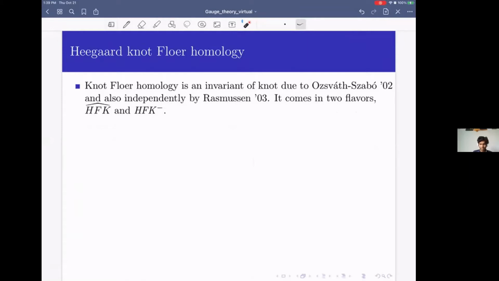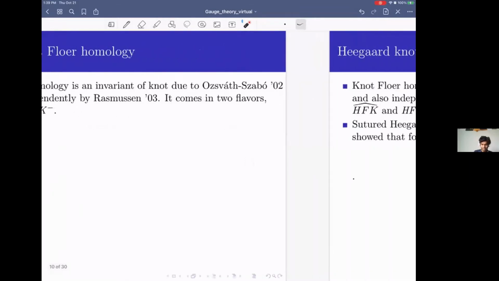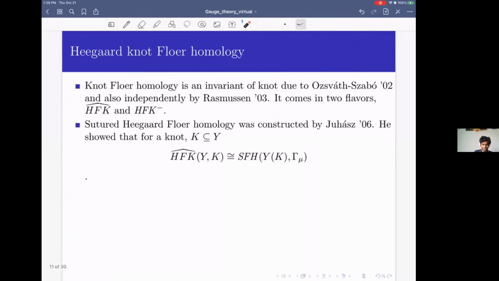On the other hand, for sutured manifolds, we have this theory of sutured Heegaard Floer homology, which was constructed by Juhász, and he showed the following relationship. If you have this knot exterior with the meridional sutures, then the sutured Floer homology of this is isomorphic to the knot Floer homology of the knot.